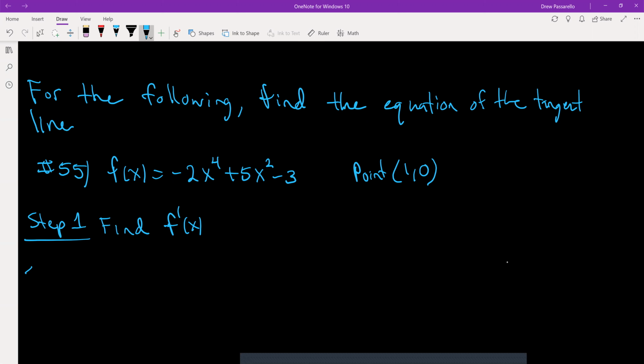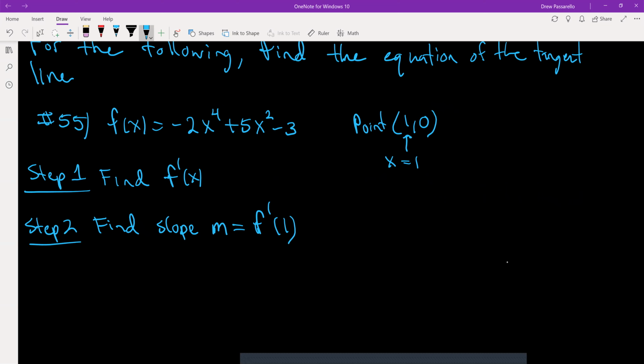All right, then the second step we did was finding the slope. And the slope is m equals f prime. So you plug in the x coordinate, or the first coordinate, of the given point. And in this case, x is 1. So we're going to plug in f prime of 1 to get the slope.